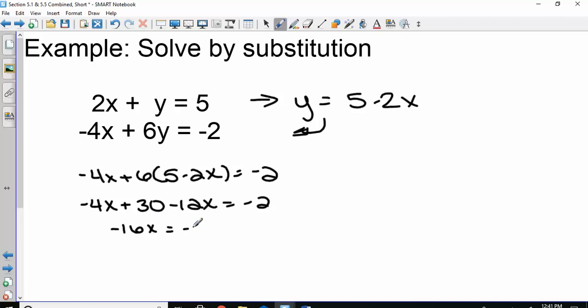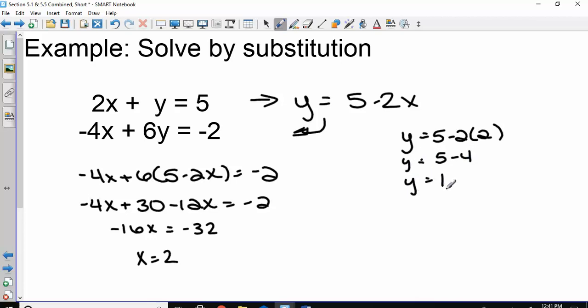Subtract over my 30. So x is positive 2. Then plug that back in to get your y. So y is 5 minus 2 times 2. So 5 minus 4, which is 1. So my answer is the ordered pair 2, 1.